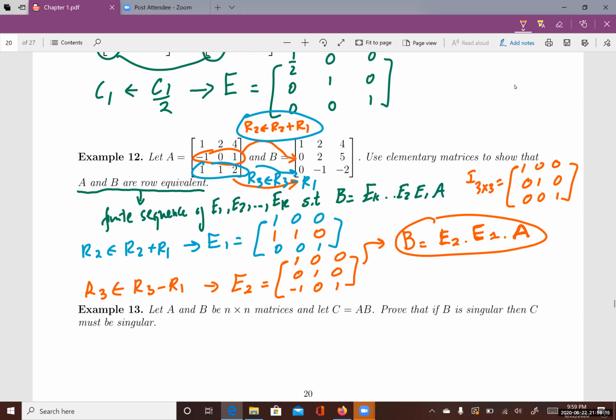So then my new matrix will be the same row 1, new row 2, and new row 3. So because these two operations are independent, B can be either E2E1A or E1E2A. It will give you the same answer.